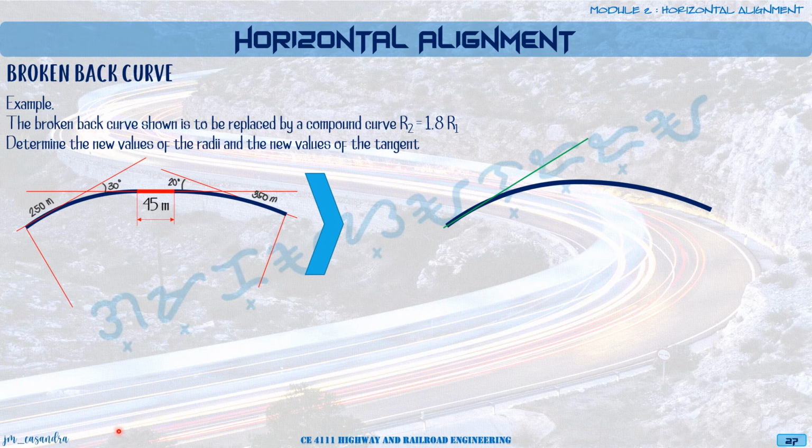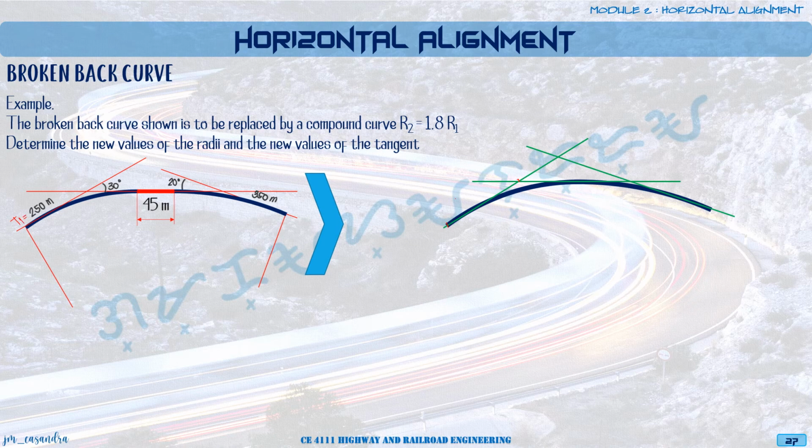Okay? So next, we have our common tangent. Then we have here our tangent 2 of the next curve. So basically, this line now is our tangent of the first curve, but this is T1.